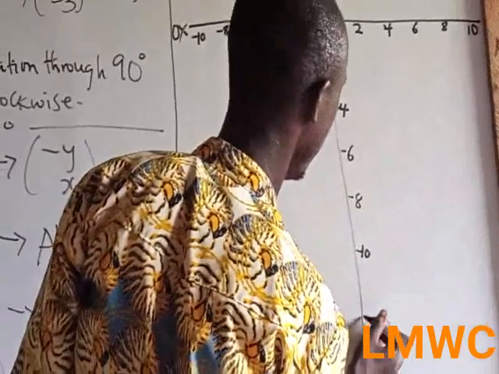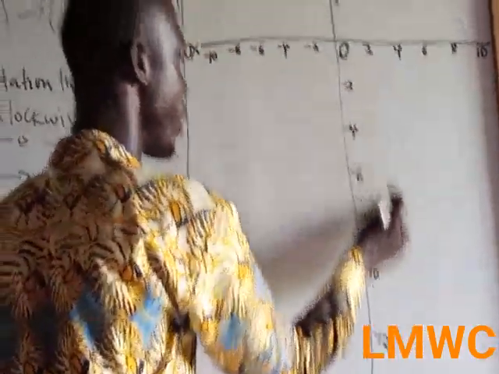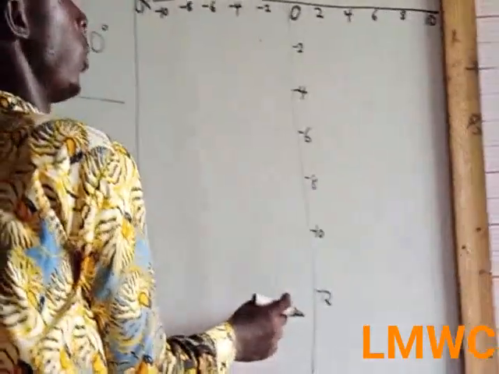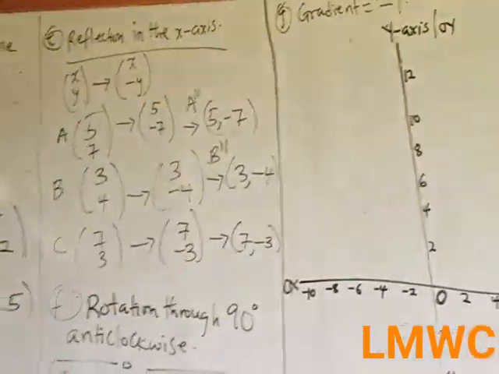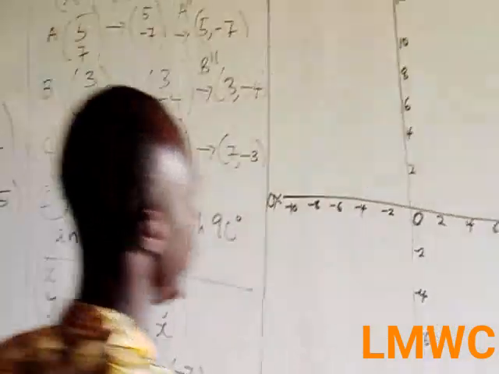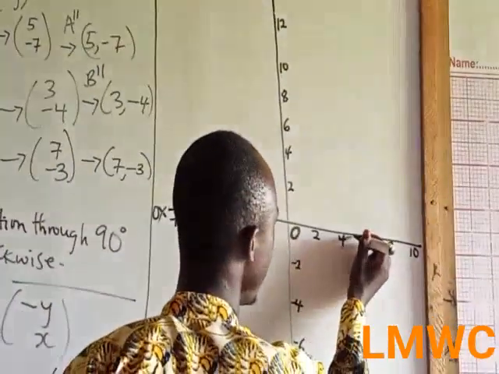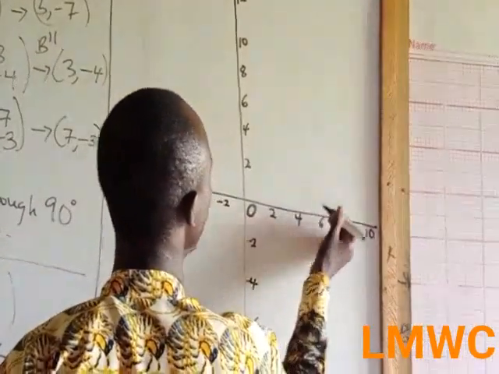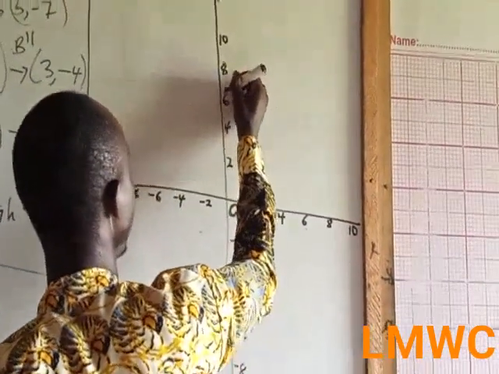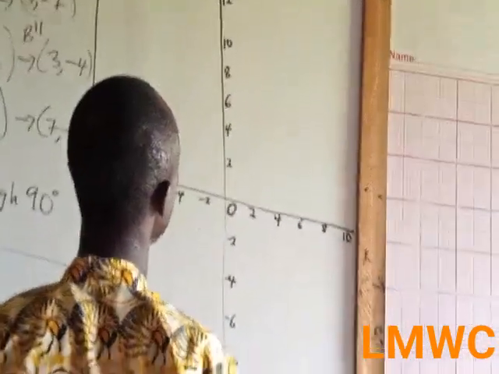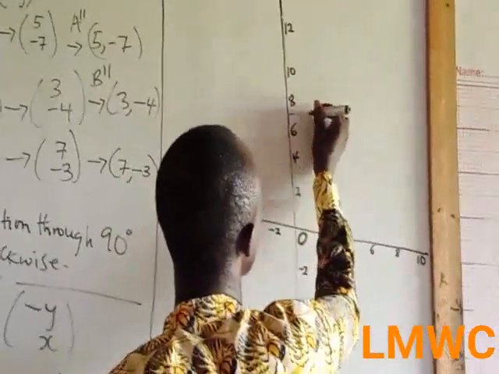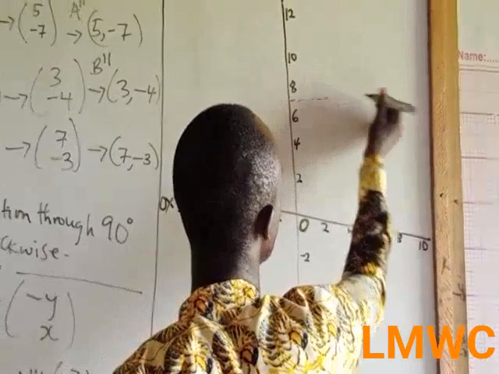There are times students will write these negative values here. No, it will be in line with the positive numbers. Take note. Now let's plot our first coordinates. So A, 5, 7. In between 4 and 6 is 5. So 5 is here. And in between 6 and 8 is 7. So we have something like this, because I'll be using short dashes.